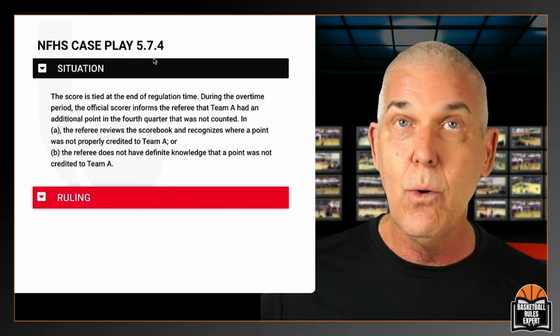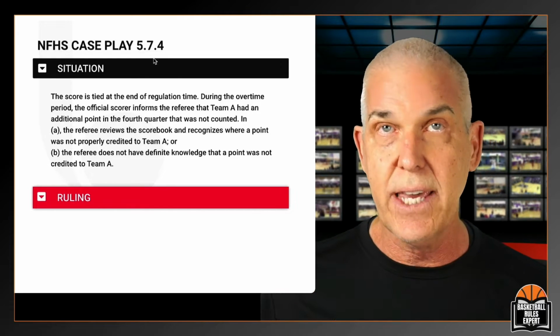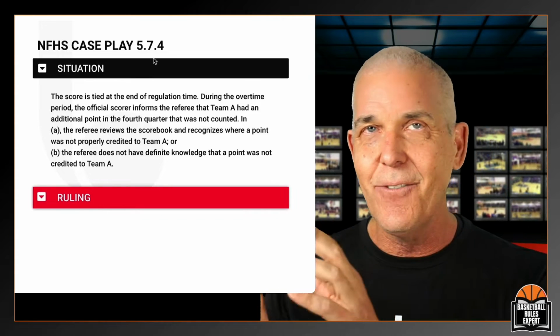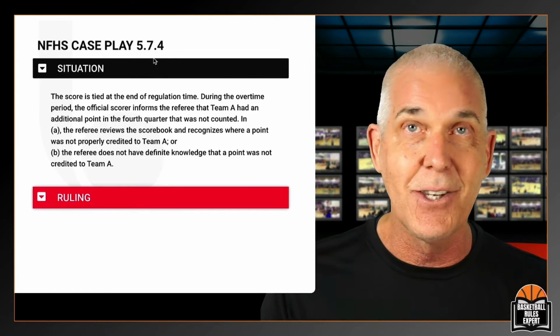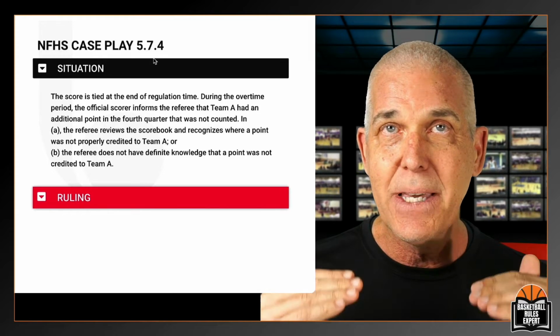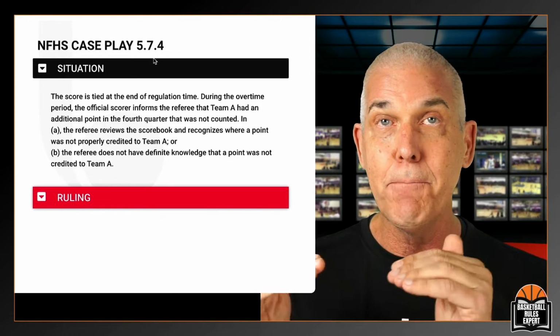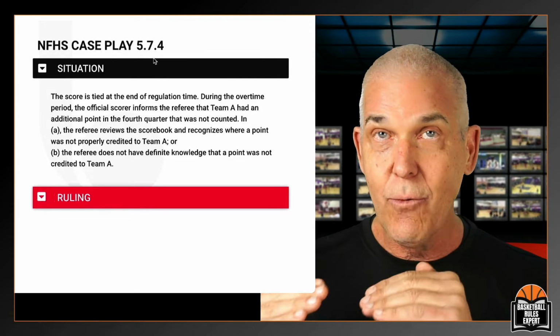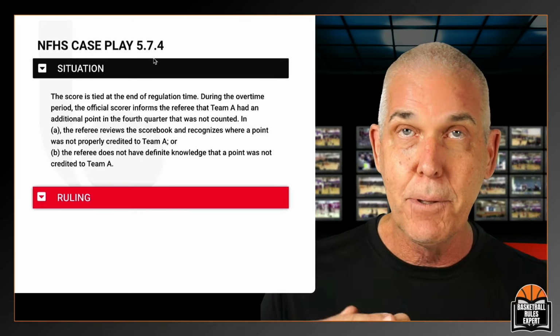The rules, though, give us the correct adjudication of the play. Once overtime has begun, and this is a fundamental concept we can take with us onto the court, once overtime has begun, it will be played.